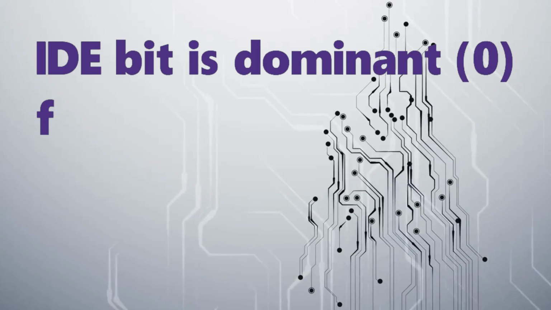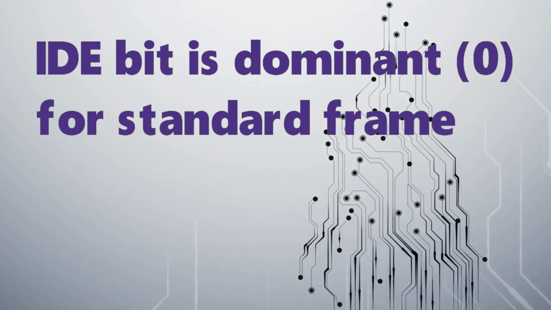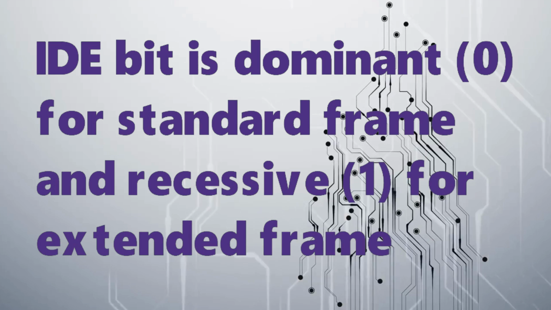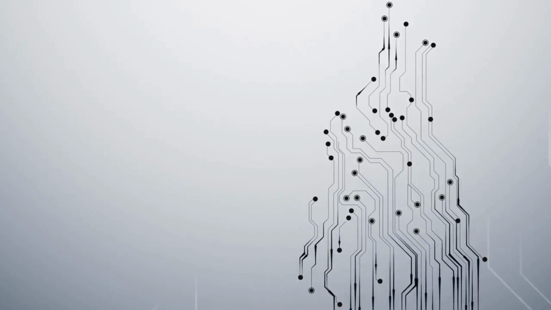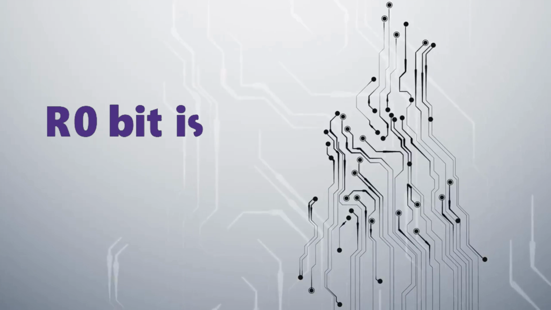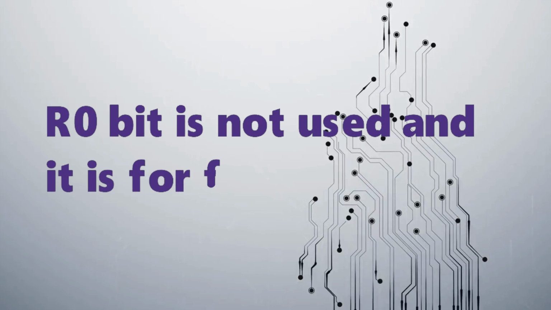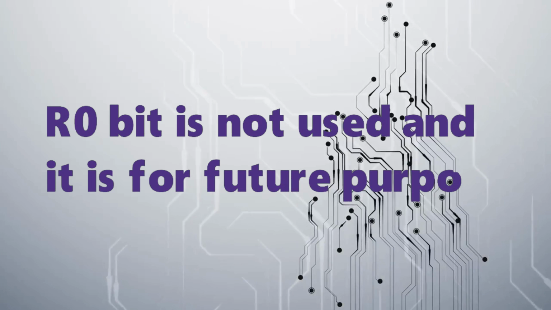The IDE bit is dominant for a standard frame and recessive 1 for an extended frame. The R0 bit is not used currently and it is only for future purposes.